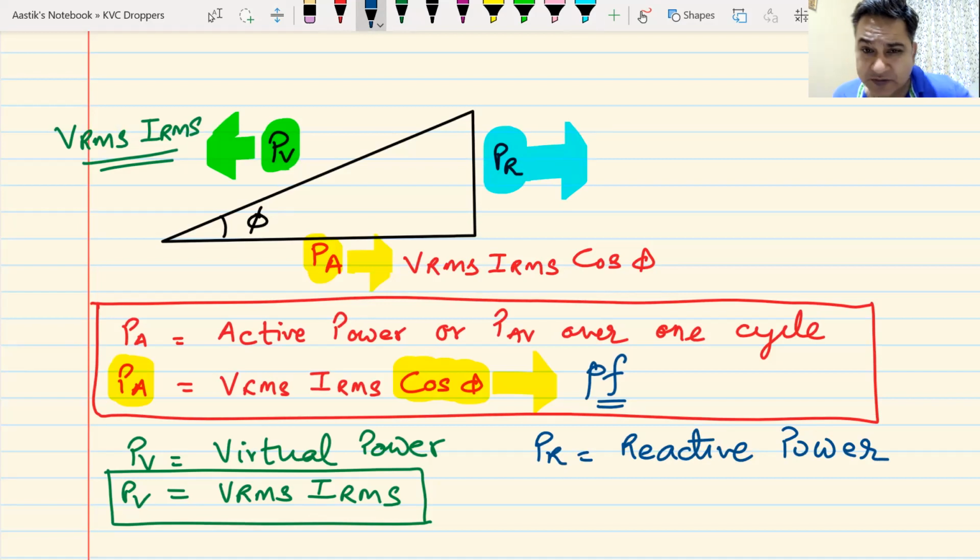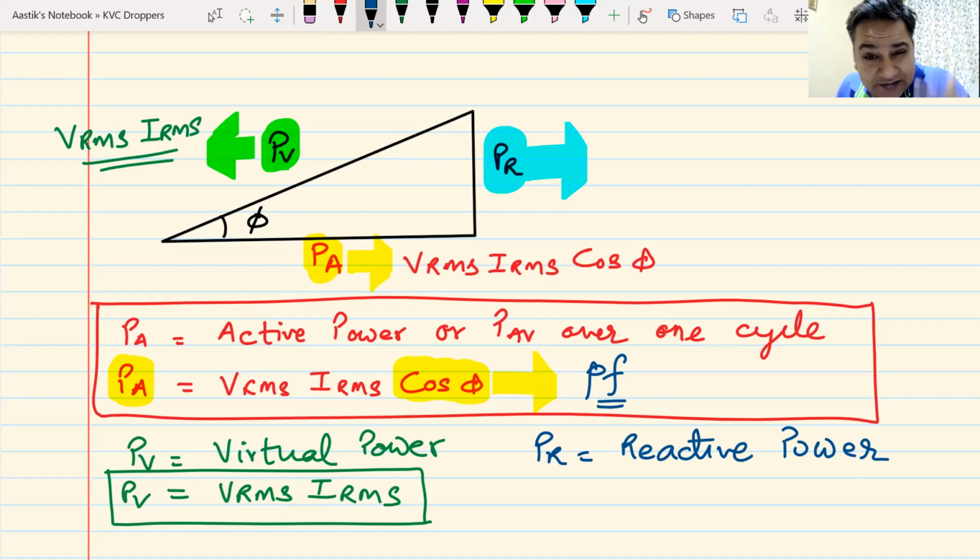This is the power which is not used. It is taken, but it is also given back. The circuit takes it, but it gives it back. Reactive power. This reactive power comes from reactance. Reactance is XL or XC.